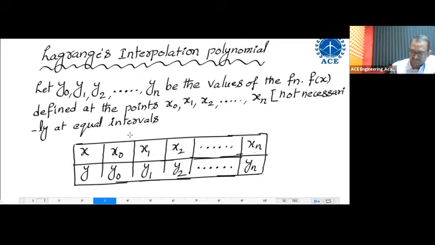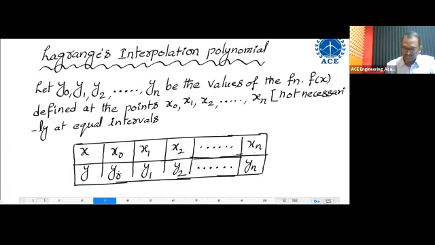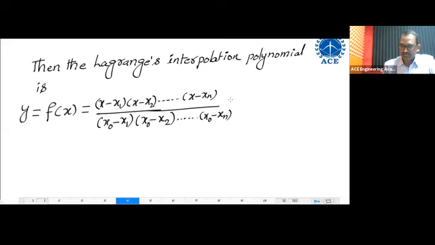That's why first term minus second term into first term minus third term, and so on into first term minus last term. We are writing the first term. That's why write the first y value, that is y naught, plus.